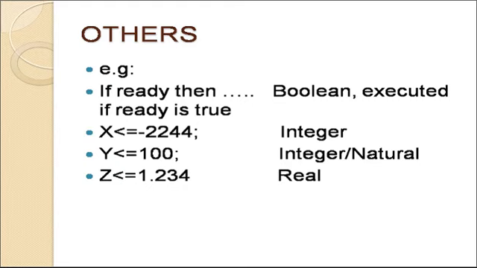If you define ready as of the type Boolean, then quite obviously ready can hold only two values, either true or false. These two values will be held by ready. The other examples are also shown over here.